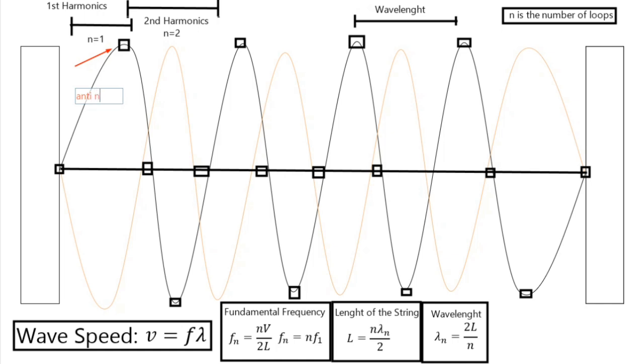This is what they call the antinodes. And we also have the so-called nodes. So these are antinodes here.